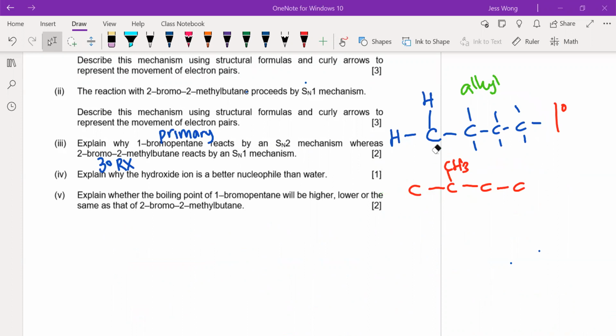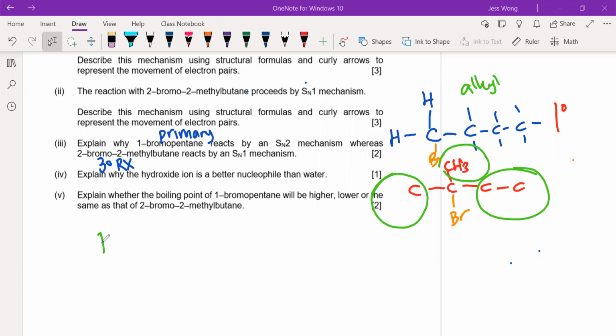Okay, so if we have a tertiary halogenoalkane, this is a primary and this is a tertiary. You can see that a tertiary halogenoalkane has some bulky groups around it: 1, 2, 3. Now, the nucleophile needs to attack from the opposite side of the bromine.